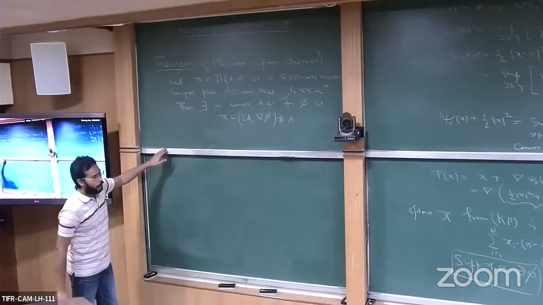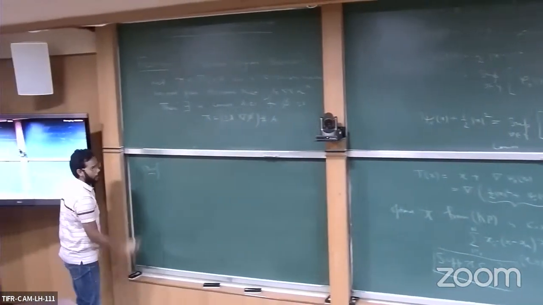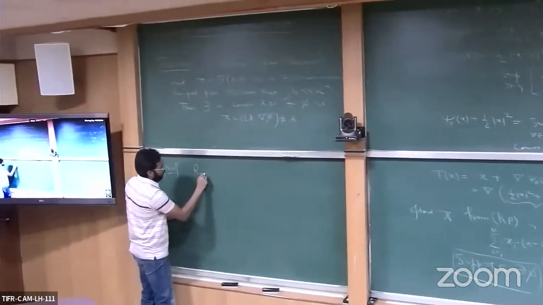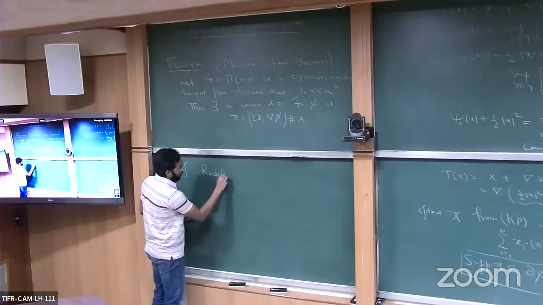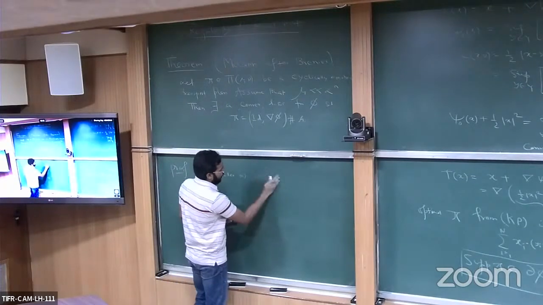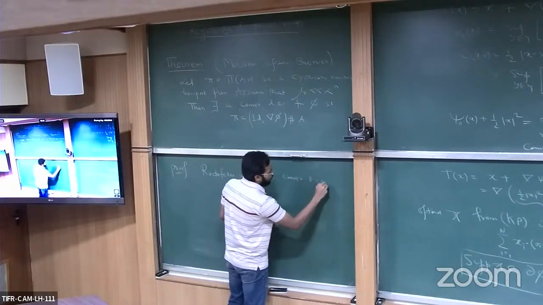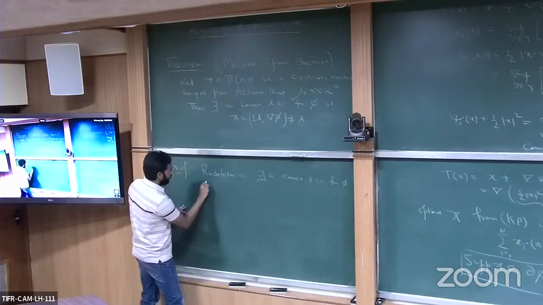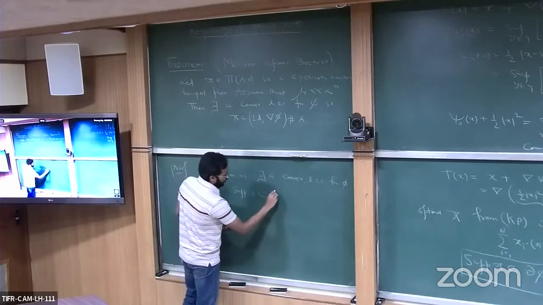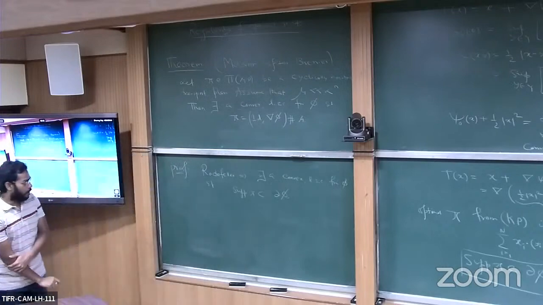Alright, so I'm going to use Rockafellar's theorem. Clearly my support is the support of pi, right? So by Rockafellar there exists a convex lower semi-continuous function phi such that the support of pi is contained in the subdifferential of phi.